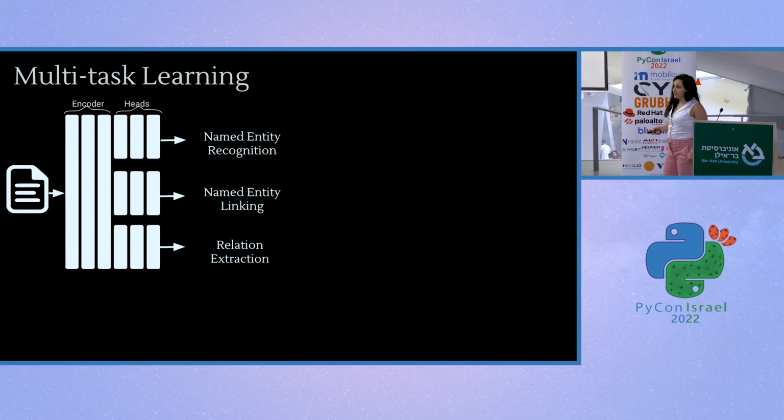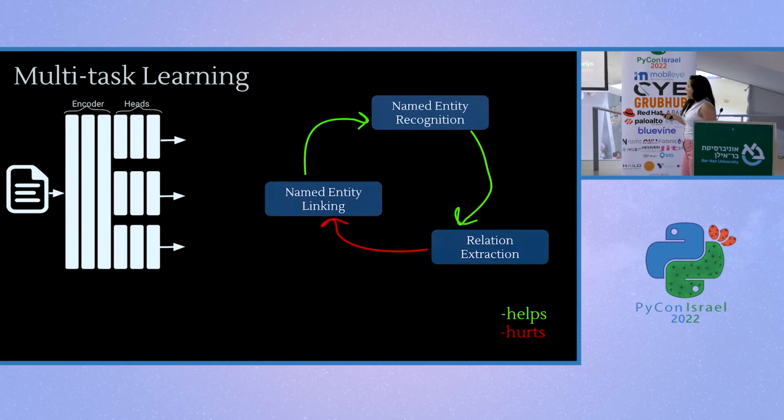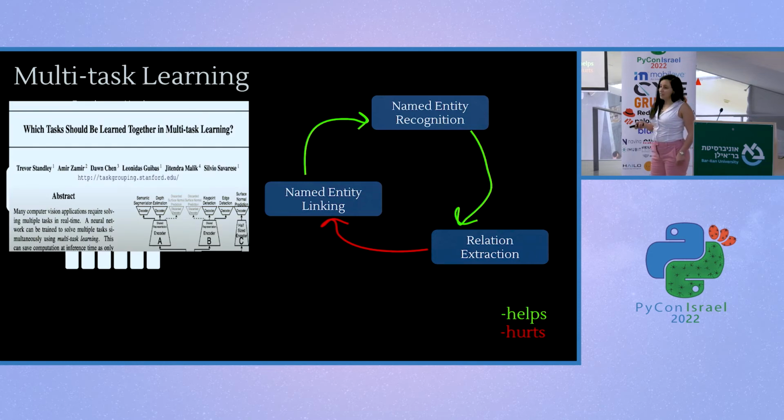Now, if these tasks don't share any structure, then we're probably better off using single task learning. So it's something that you probably want to examine in your use case and in your domain. There's a paper that gives some good insights about which tasks should be learned together, so you probably want to explore that further.